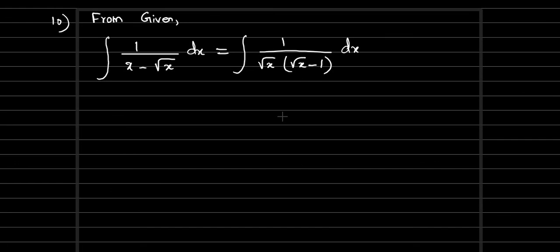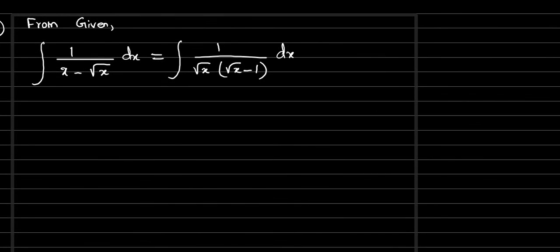Okay. So now this root x minus 1, I'm going to take it as t. So t equal to root x minus 1. Basically root x is power 1 by 2, minus 1. If we differentiate this, x power n differentiation is what?